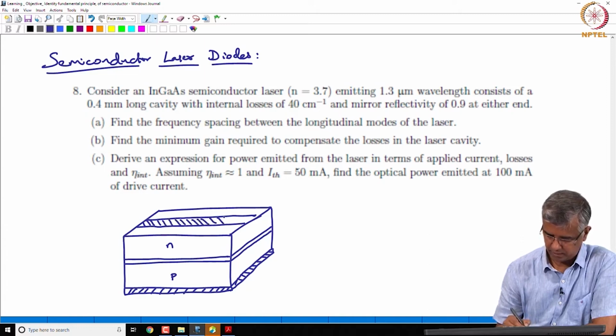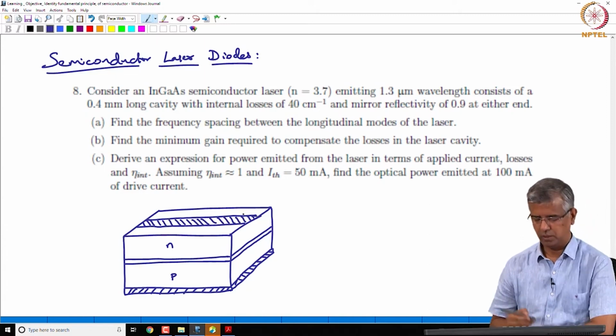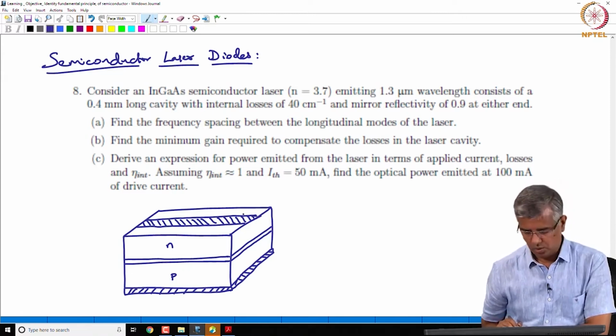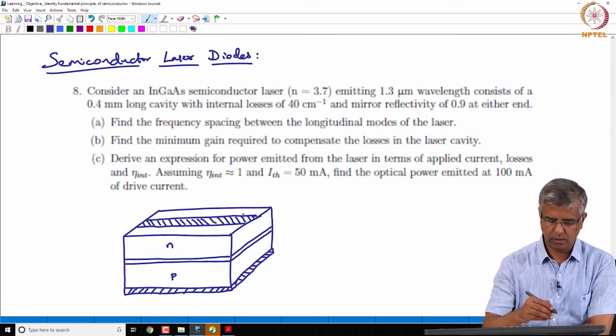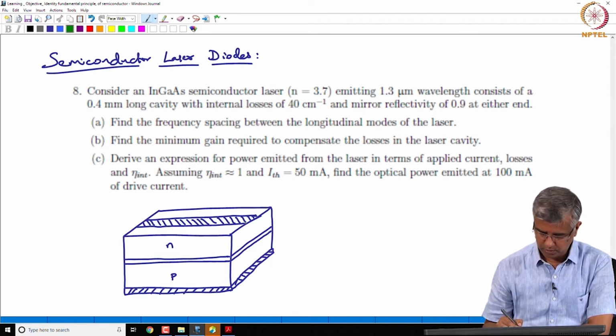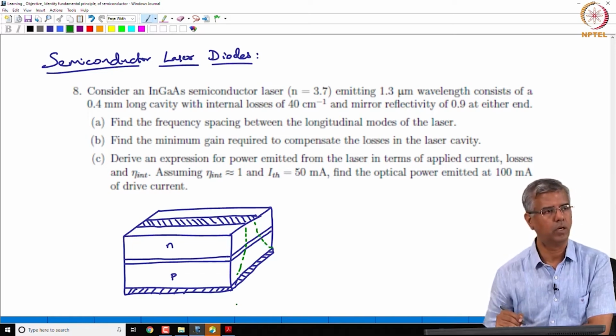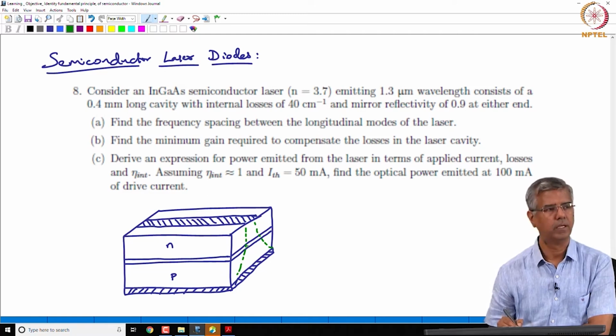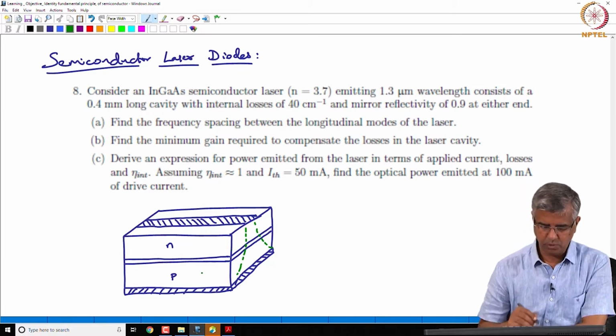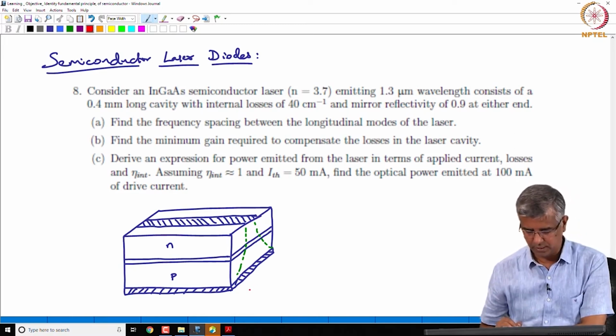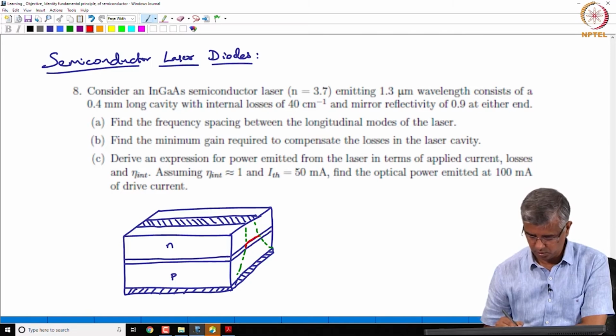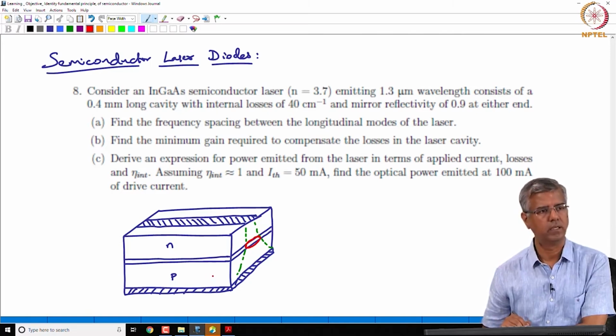So, that is basically a metallic contact to which you can connect an external source. So, you can imagine that the current flowing through this structure is going to be something like this. So, all the carriers injected are going to be around the center of this facet. So, when you look at the light that comes out of this laser, you can say that it is going to come out of this region here.